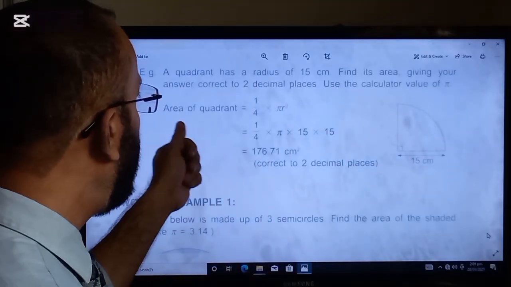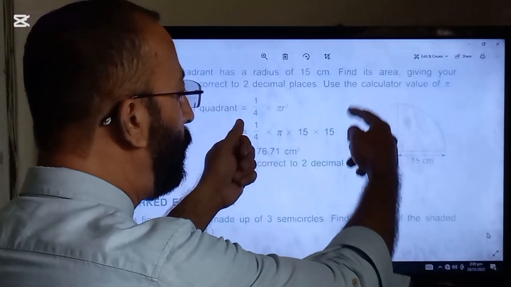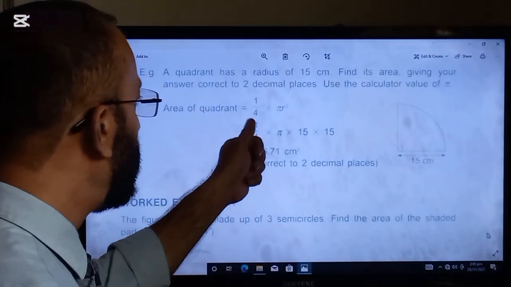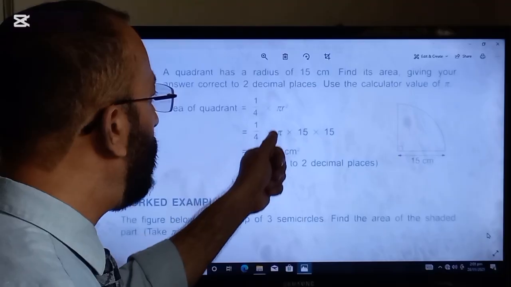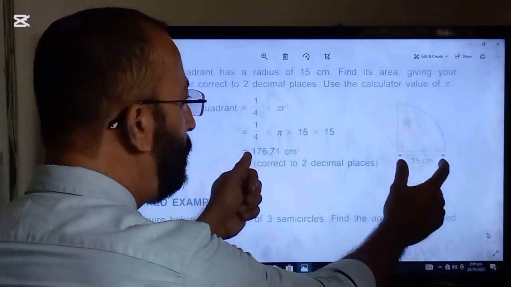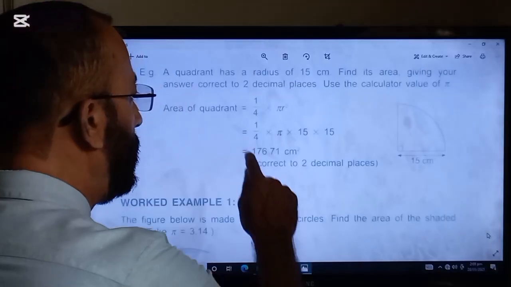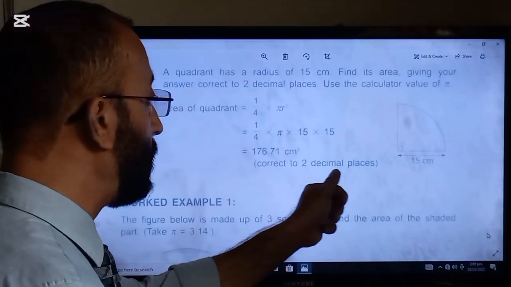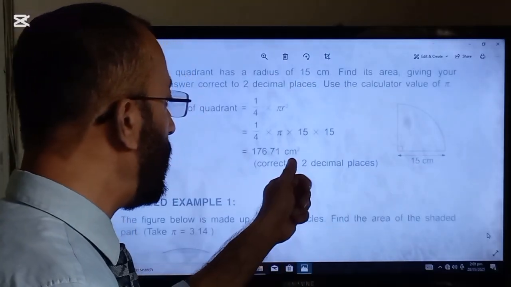So look now, area of the quadrant will be equal to 4th part of the full circle, that is pi r square over 4. This 4 will remain as it is. Pi's value will be used, that is saved in the calculator, and radius is given 15. So 15 into 15. Solving it on the calculator will give us this answer. Answer should be in 2 decimal places and unit will be centimeter square.